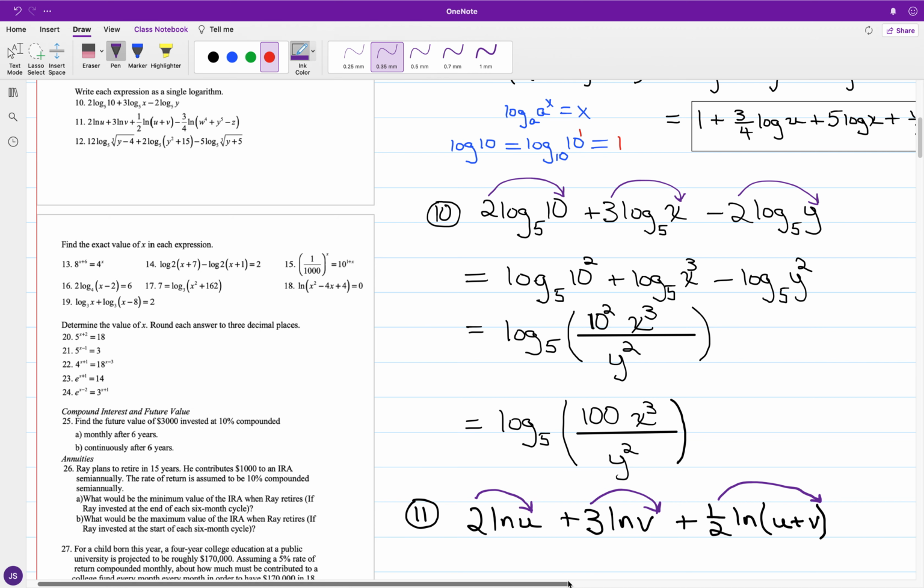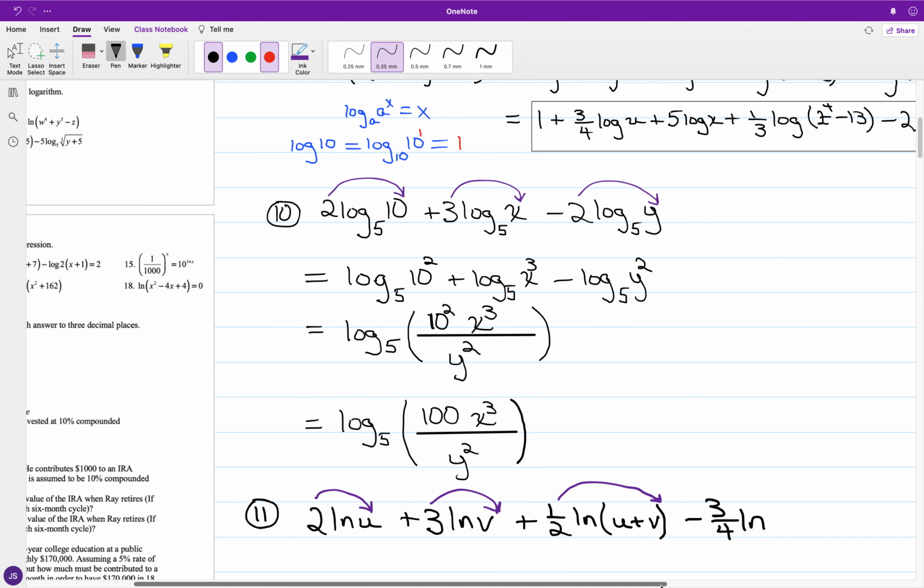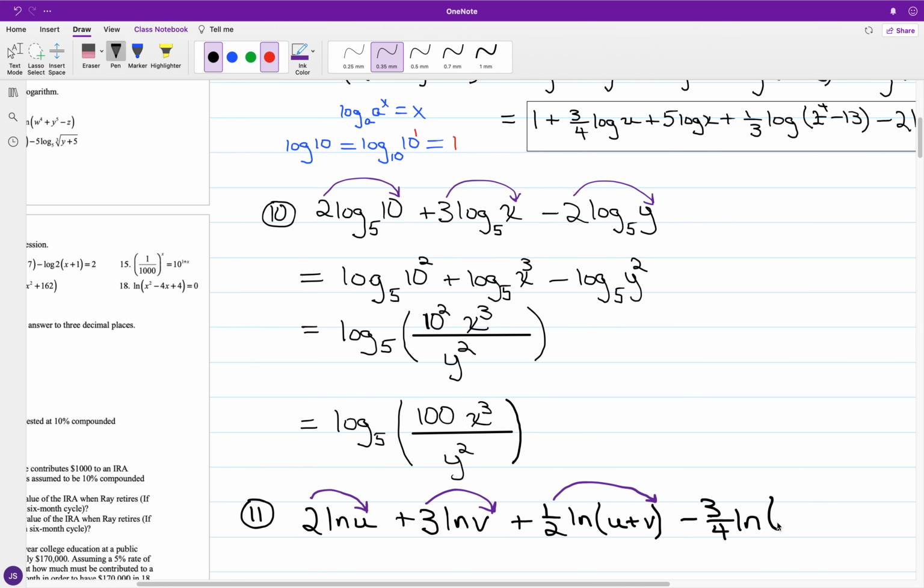Finally we have minus 3/4 of the natural logarithm of w to the 4th plus y to the 5th minus z, whereby we're going to have 3/4 also as an exponent.